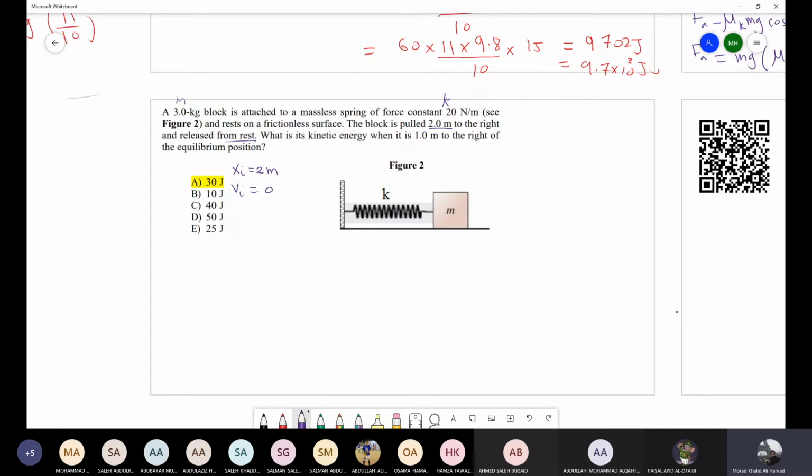What is the kinetic energy when it is 1 meter to the right of the equilibrium position? So X final equals 1 meter.